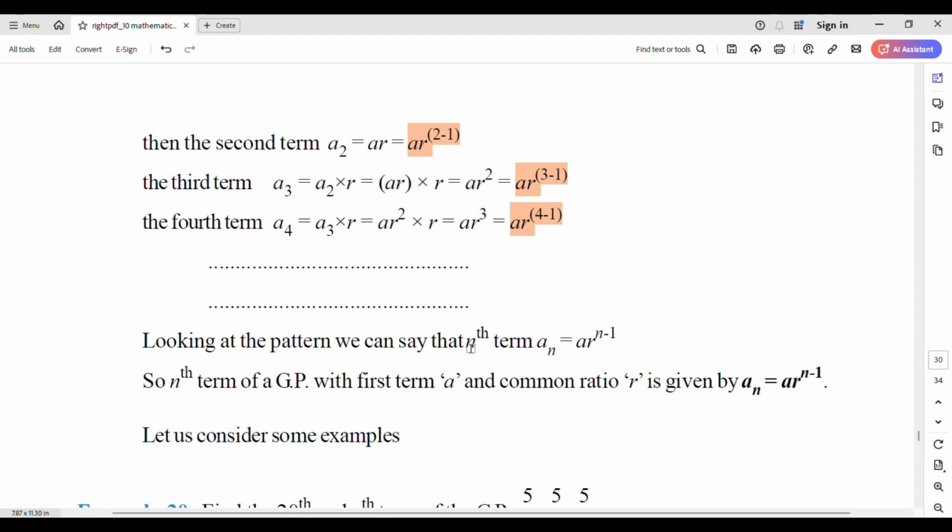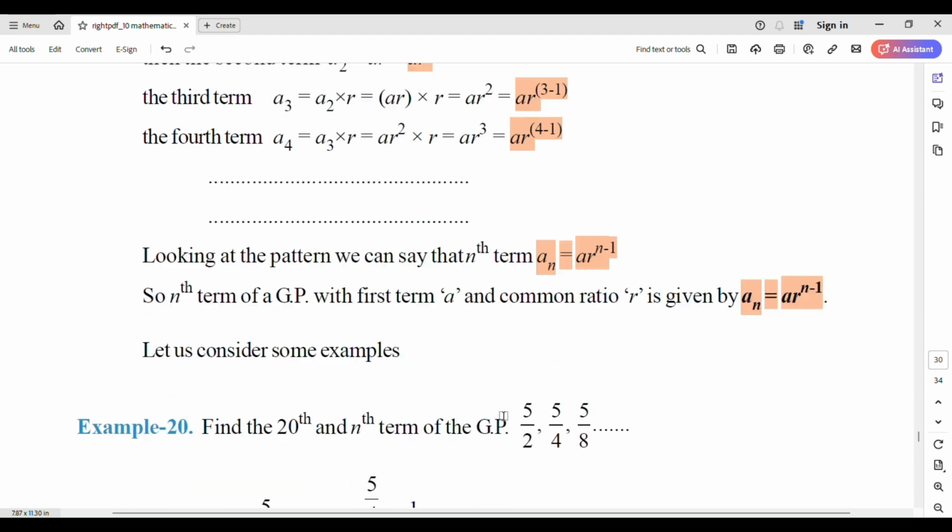So the general term an, that is the nth term, is equal to a into r to the power of n minus 1. This is the general term of a geometric progression. Just like we have a plus n minus 1 into d for the arithmetic progression, here it is a into r to the power of n minus 1.